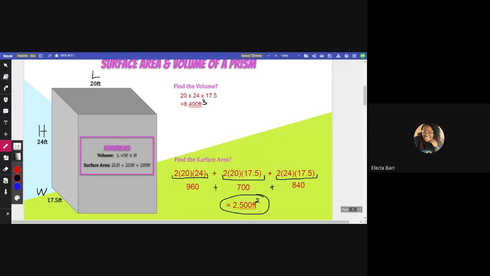All right, let's keep it going. Like I said, we're going to do something a little new tonight, but it still involves surface area and volume. We're just talking about another shape.